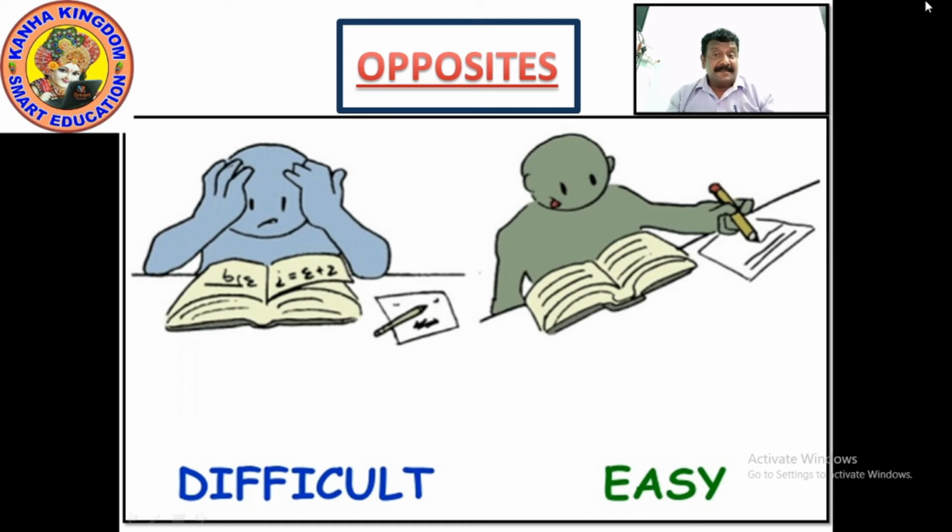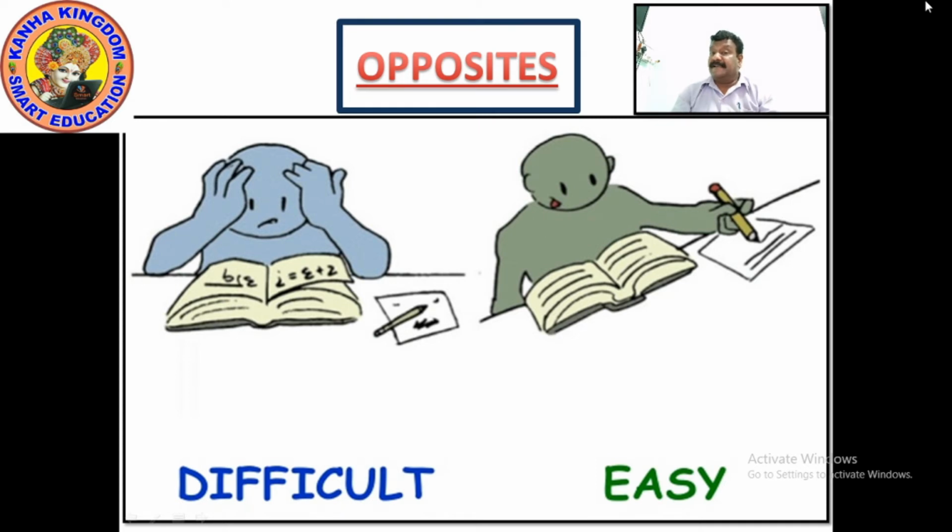That means it is easy for him to do. He is doing his work very fast, sitting silently. That one is easy. And here he cannot understand the problem to solve, he is in difficulty. So now difficult and easy.